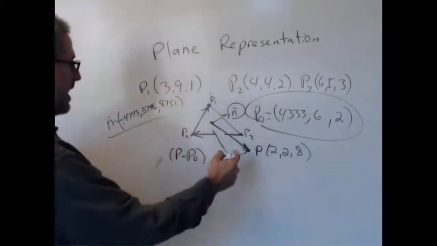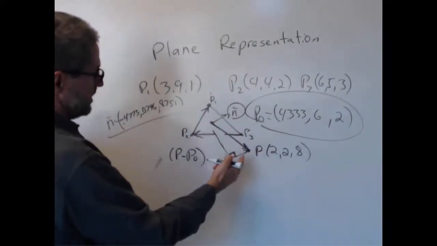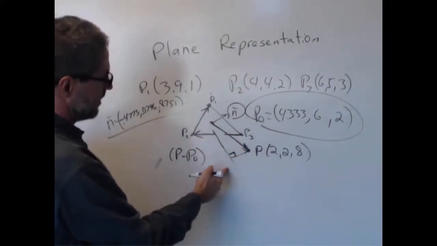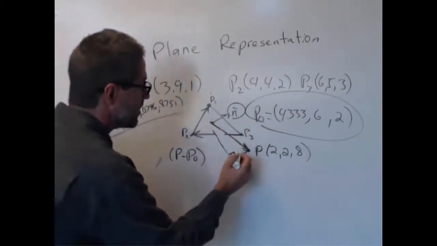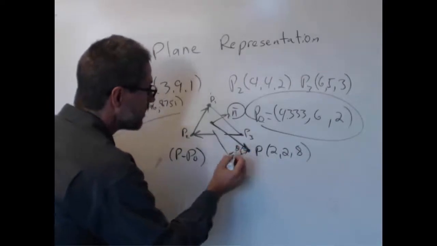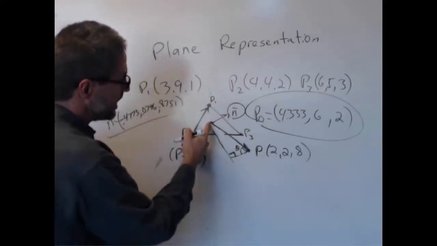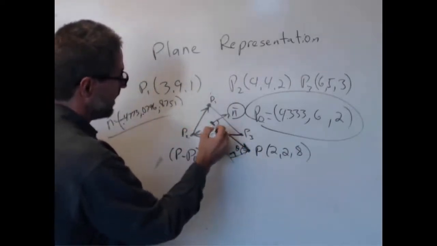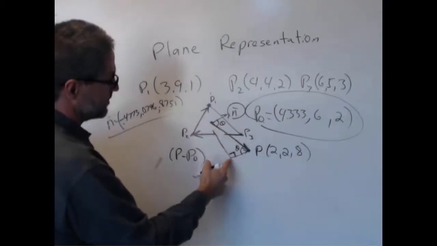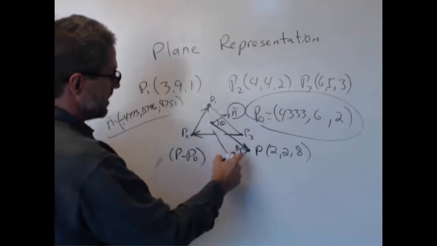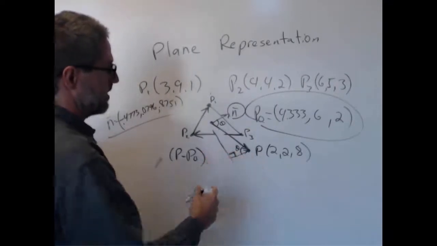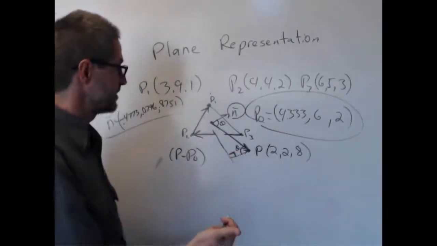Well, the distance from that point to the plane would be the length of that vector, P minus P0, times the cosine of the angle between the vector and the normal, right? That's this angle here, but if I redrew n, then that's the angle right there. So P minus P0 times cosine of the angle is the distance.